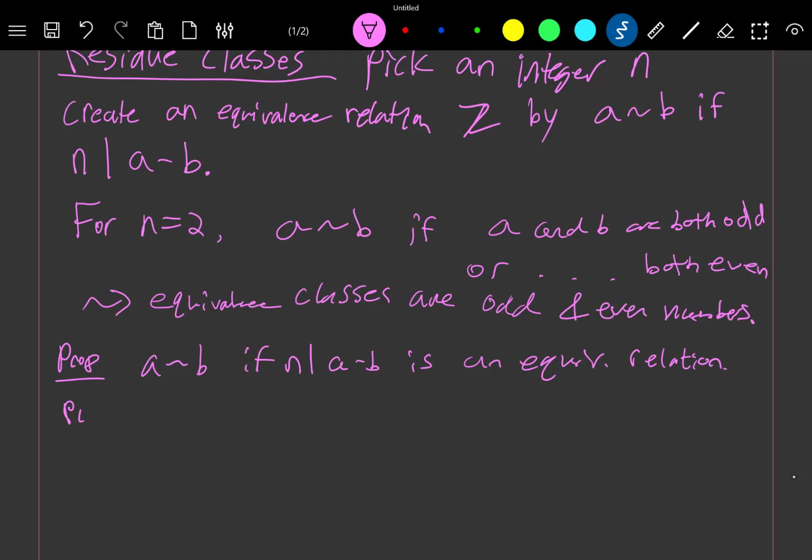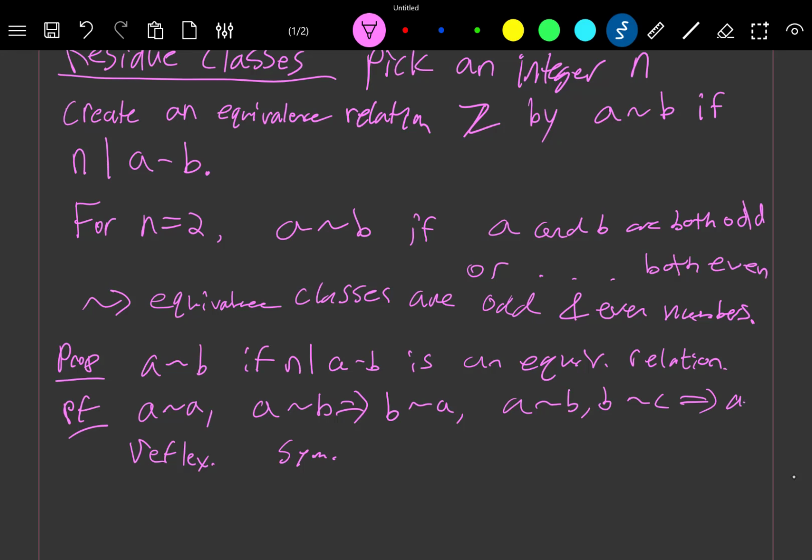What that means is we have to check that a is equivalent to a. We need to check that if a is equivalent to b, this implies b is equivalent to a. The first is called reflexivity, so it's reflexive, and the second is called symmetric. And then if a is equivalent to b and b is equivalent to c, this should imply a is equivalent to c.